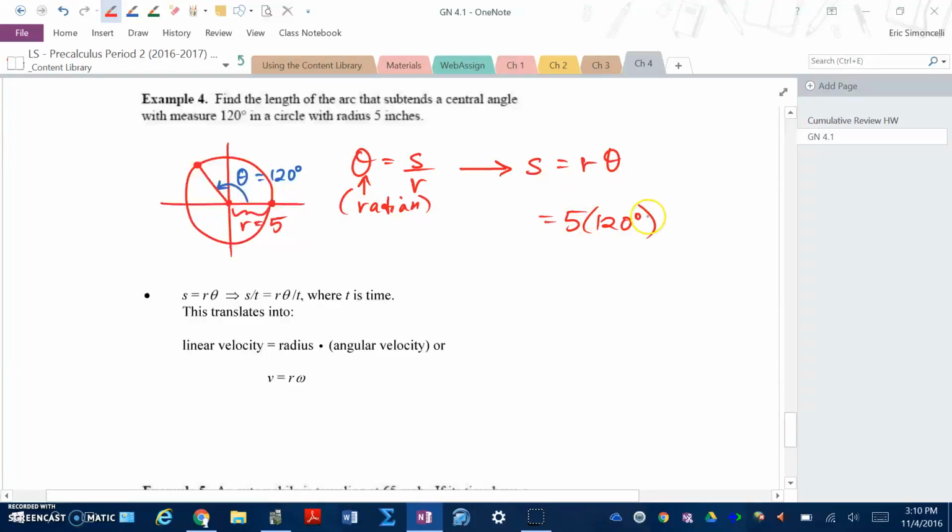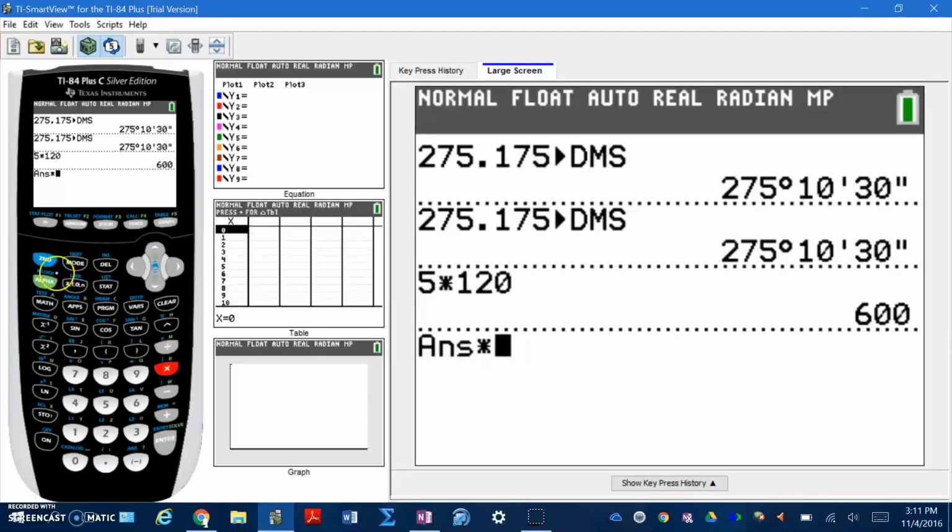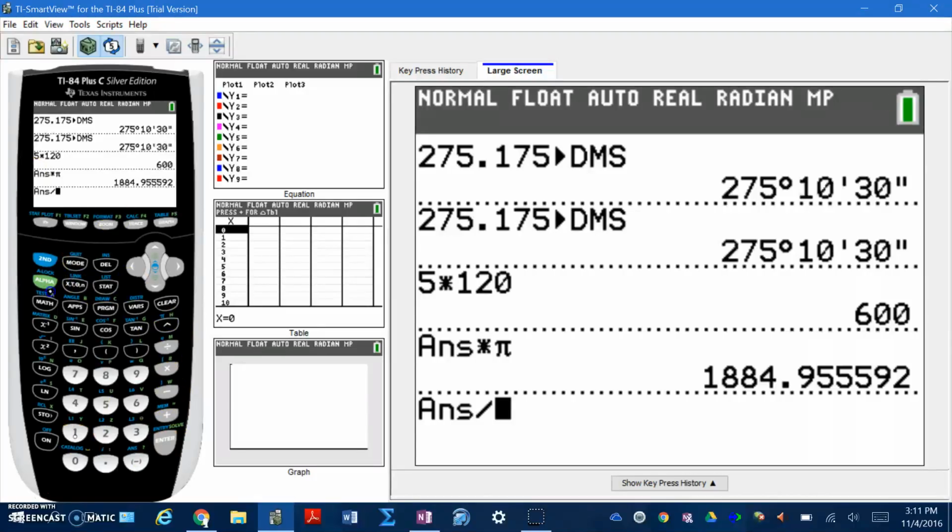So we're going to have to convert degrees to radians, and we know that we can do this by multiplying by pi over 180, in which the units will cancel. I'll remind you in that particular manner. We'll get the calculator out and do the math. So we got 5 times 120 times pi, and then divide that by 180.